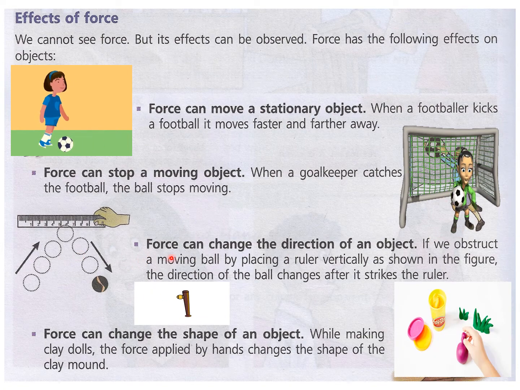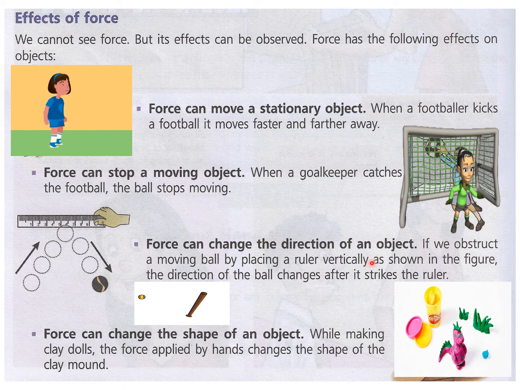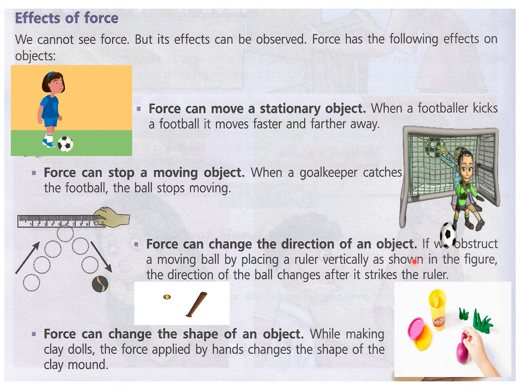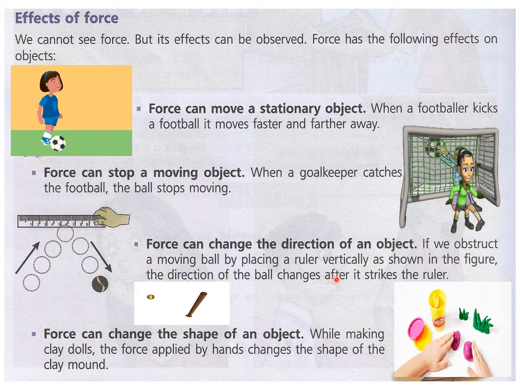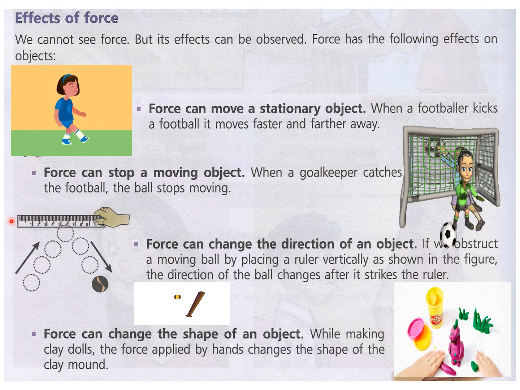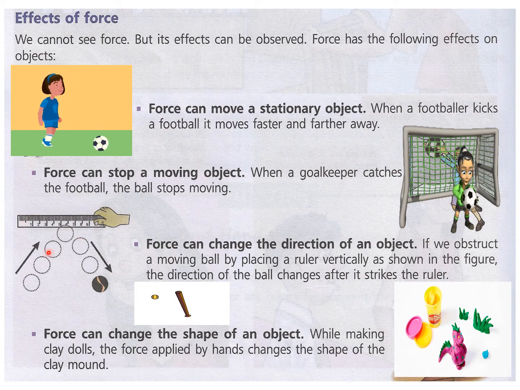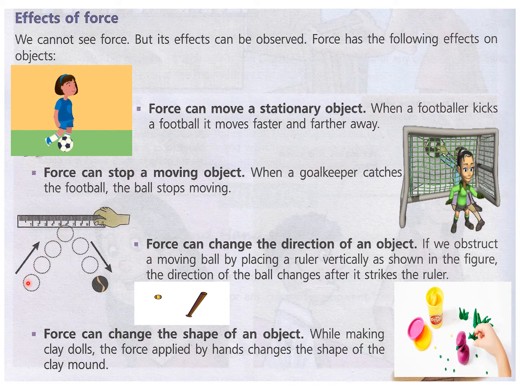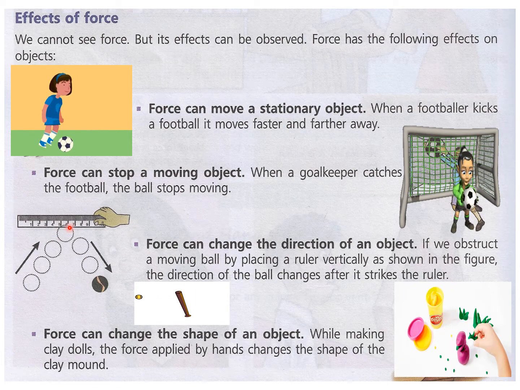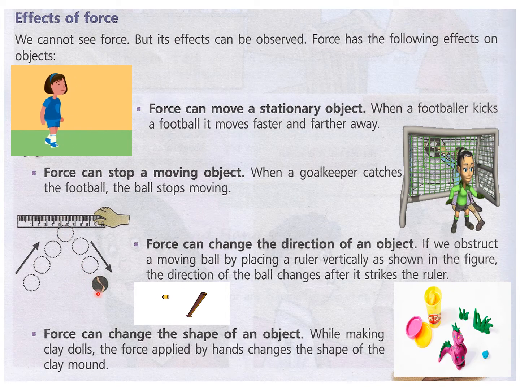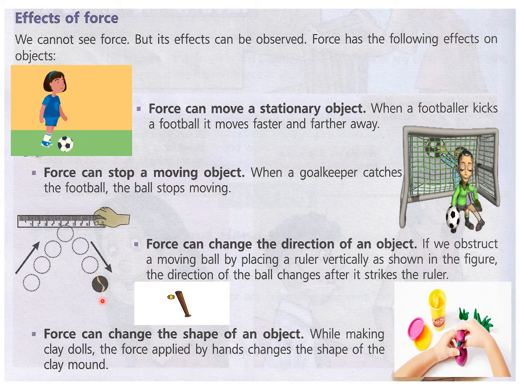Then number three, force can change the direction of an object. You can see if we obstruct a moving ball by placing a ruler vertically as shown in the figure. Now the ruler is kept here and we throw the ball from this side, then what will happen? It will touch this scale and change direction and start moving in this direction.